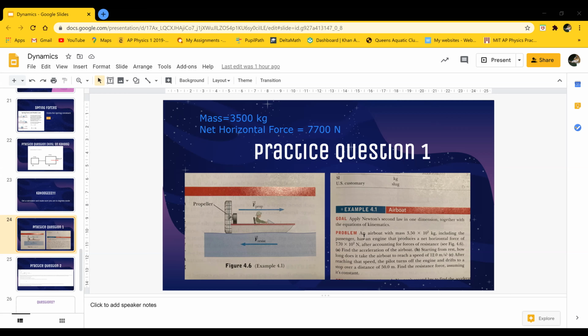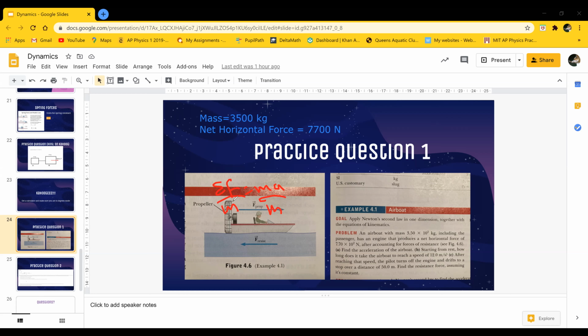Okay, so part A is find the acceleration of the airboat. That's very easy. We use Newton's second law: the net force equals the mass times acceleration, and we know it's a net horizontal force because it tells us. So we divide both sides by m, and m is 3,500.